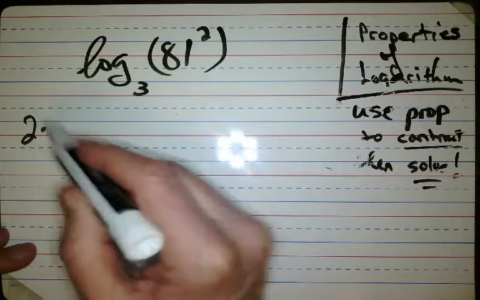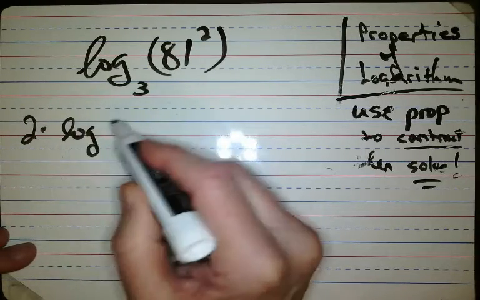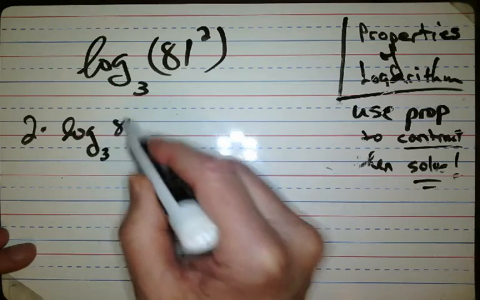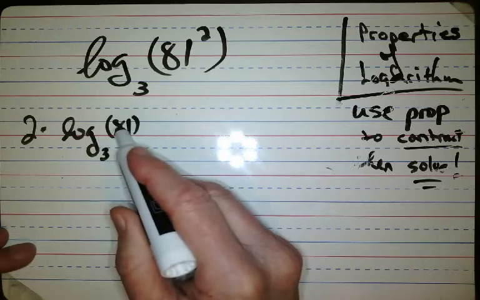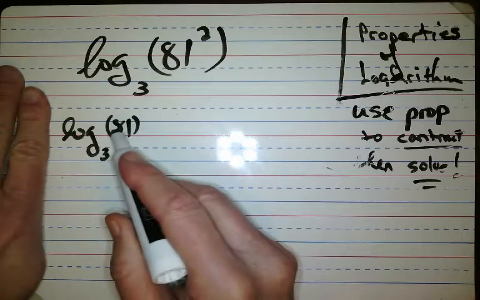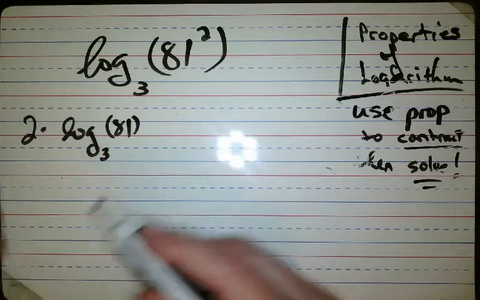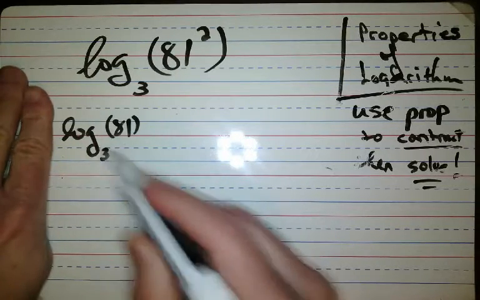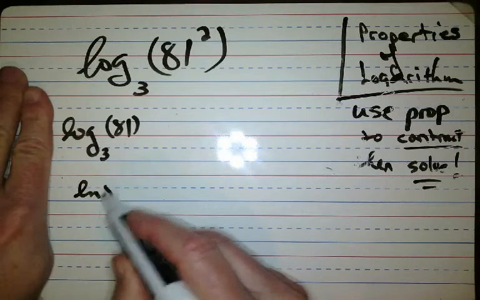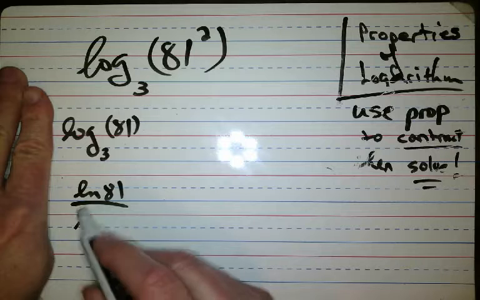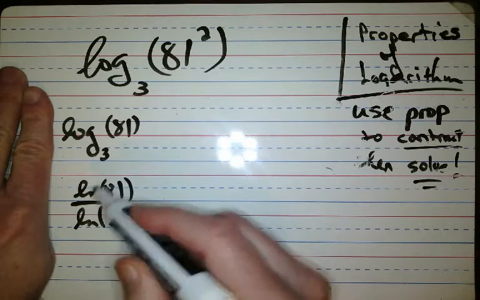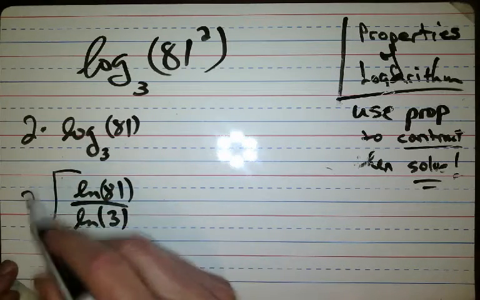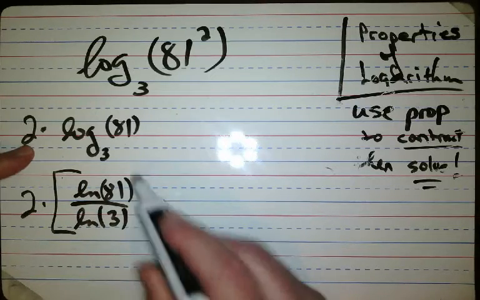So 2 times the log base 3 of 81. Now I have to solve that piece right there, and then multiply by 2. Well, I know how to solve this piece. It's the natural log of 81 divided by the natural log of 3. Whatever that answer is, that's times 2, because that's what that says.